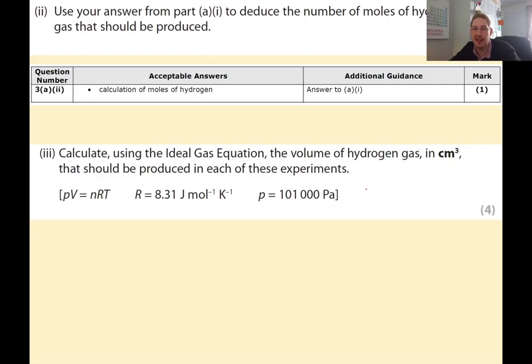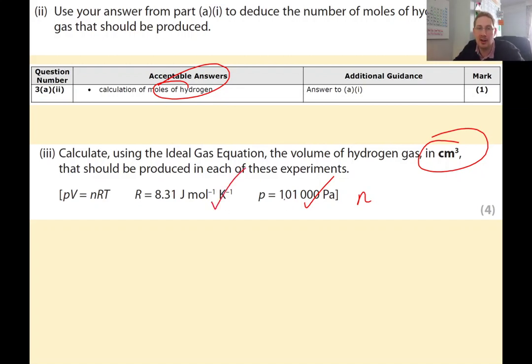Calculate, using the ideal gas equation, the volume of hydrogen gas in centimetres cubed. Okay, it's in bold, it's important. We need to give the volume in centimetres cubed that should be produced in each of these experiments. We're given the pressure. We know the number of moles of hydrogen, that's from above, so that is n.